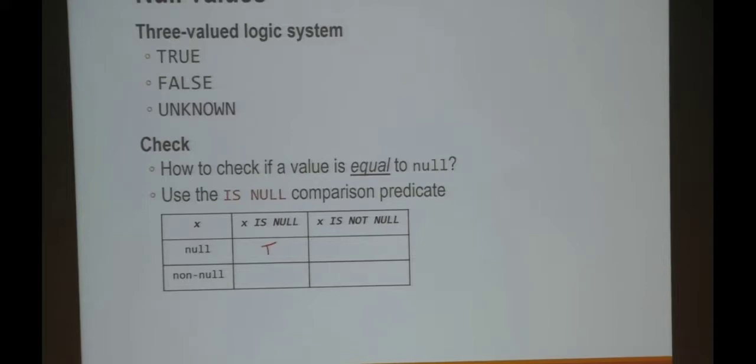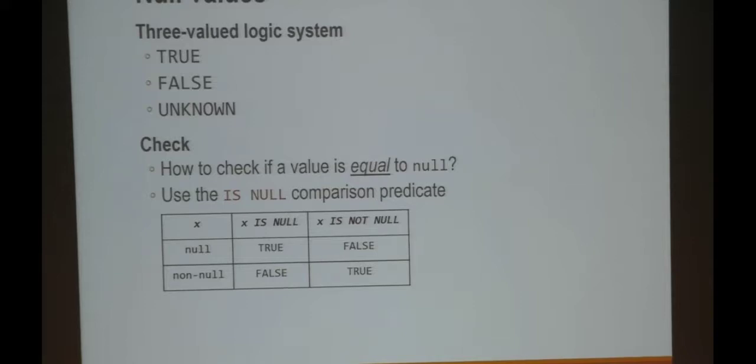If x is not null, and you ask whether x is null, obviously this is going to give me false. But if x is null, and you ask whether x is not null, then this is false. If x is not null, and you're asking whether it's not null, then this is obviously true. So this is a straightforward comparison.